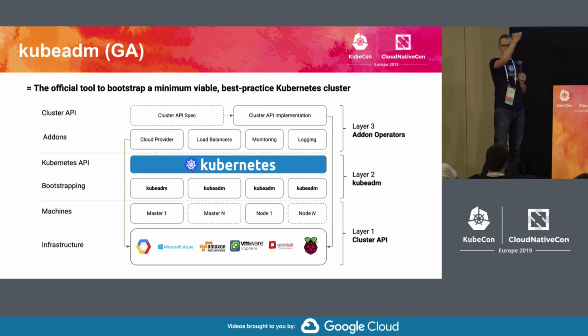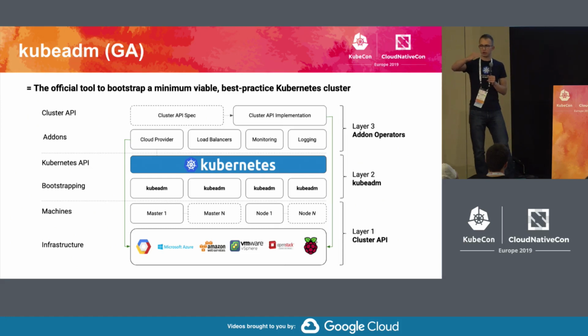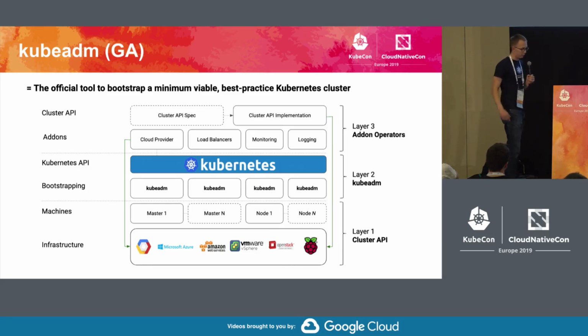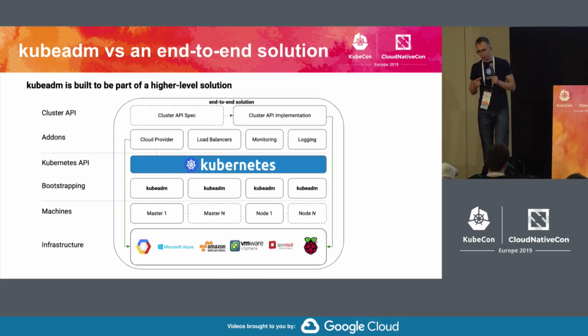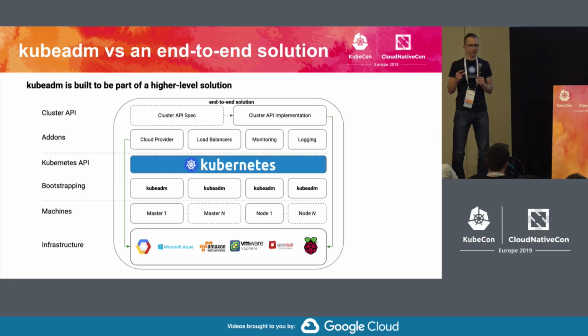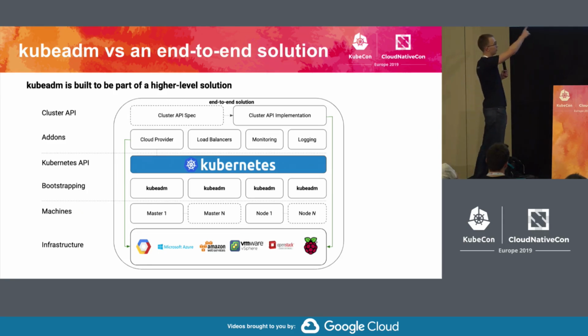Then we have kubeadm, which takes us from the machines to Kubernetes, and then we have operators on top of that. And as Tim said, when we started kubeadm, there were all these tools already, so why would you do it? But now kubeadm is part of every tool. It's not the full thing you need, but it's the common piece of everything.